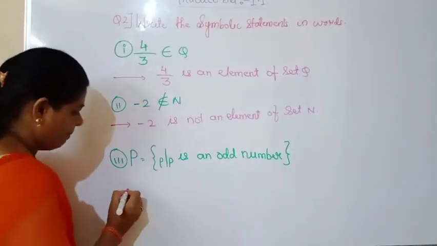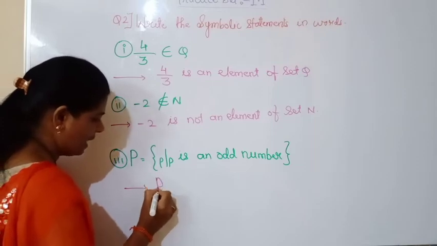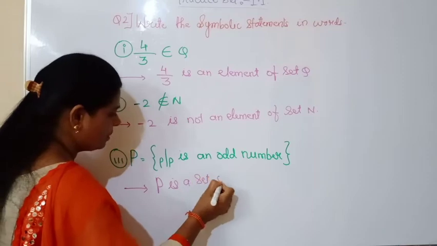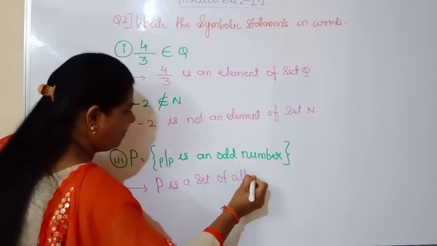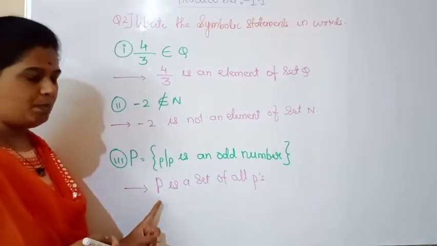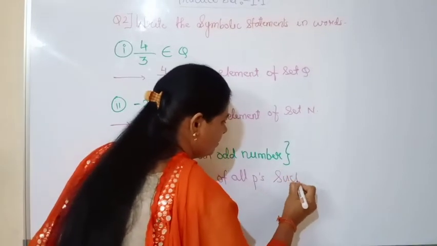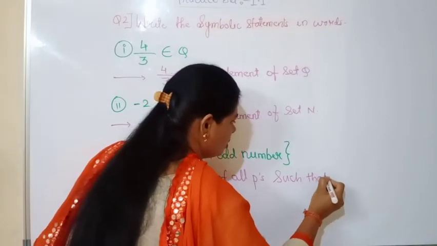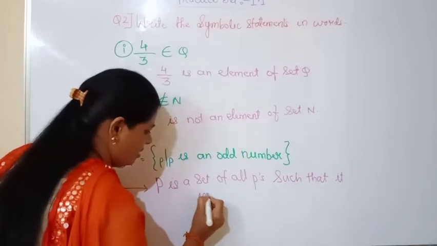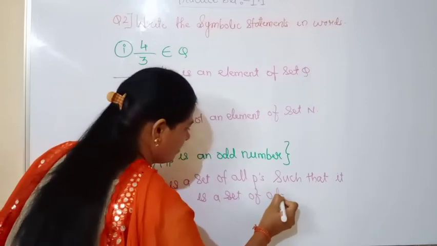We first write capital P: P is a set of all p's, small p, such that it is a set of odd numbers.